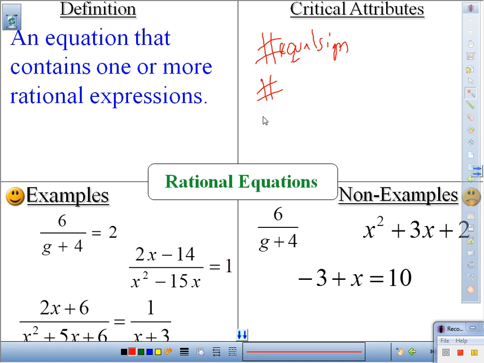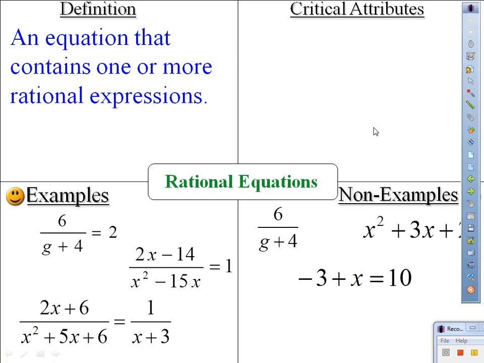Jade: one or more rational expression. Okay. We good? Yeah? All right. How about hashtag BAM? Anyway, so we get the idea, yes?